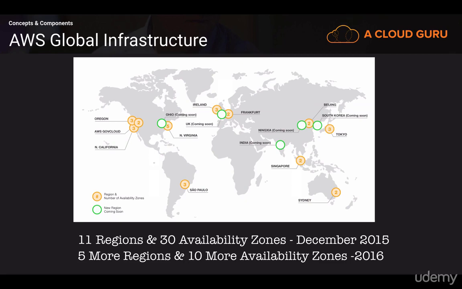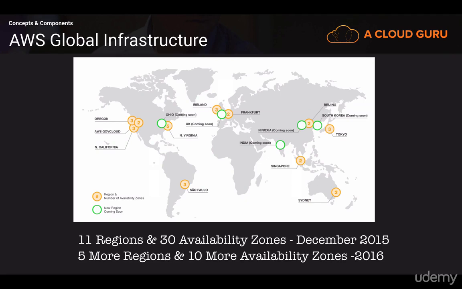They did the same for Australia, so Australia didn't have to connect into Tokyo or Singapore, etc. So they've pretty much got all their bases covered now. The only thing they are missing is Africa, and we'll just watch this space. Maybe in 2017 there'll be an African region announced. If they do it, my bet is that it's going to be in South Africa, but we'll see.